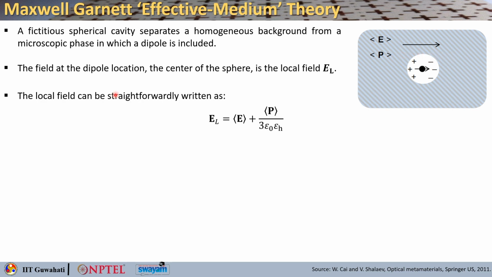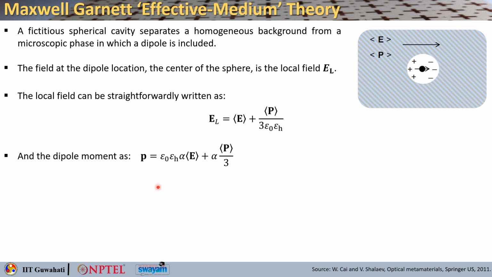Now, the field at the dipole location, which is at the center of the sphere, is basically the local electric field E L. Now, how can you write this E L? You can write this as the average field plus the average polarization divided by 3 epsilon naught epsilon h.